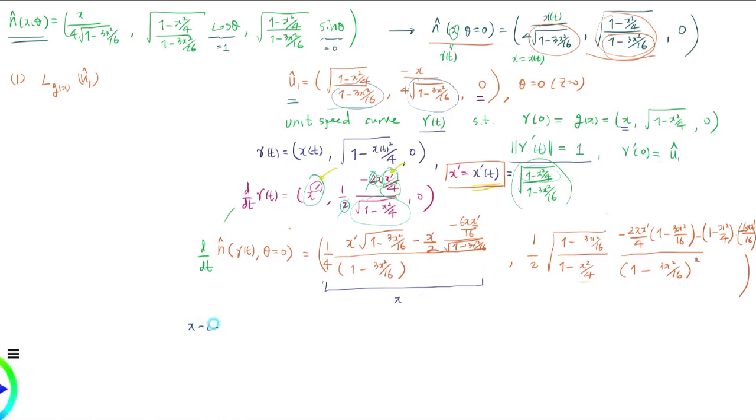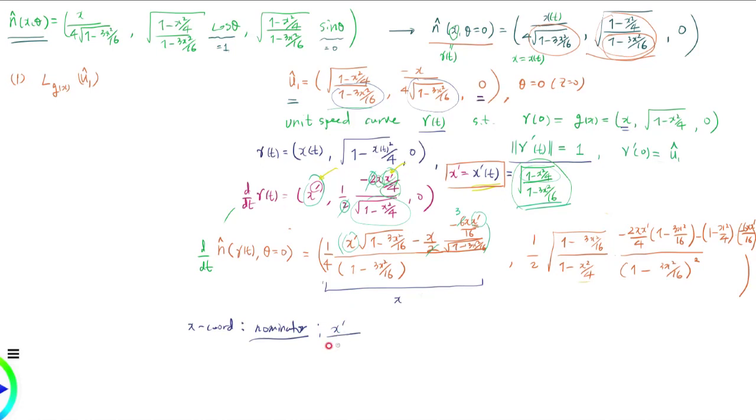First, for the x coordinate here, let's compute this numerator first. So 2 and 6 are cancelled, and x prime, which is this value, is common. So for the numerator part, I have a common x prime here.